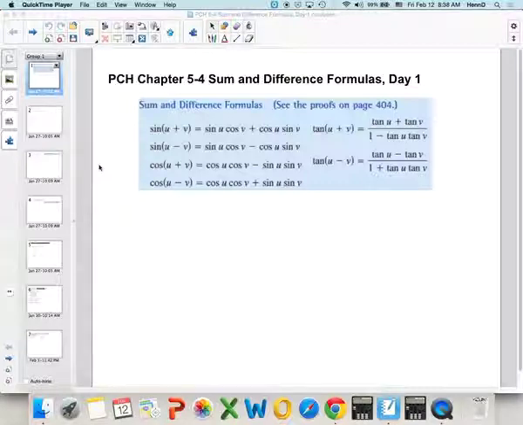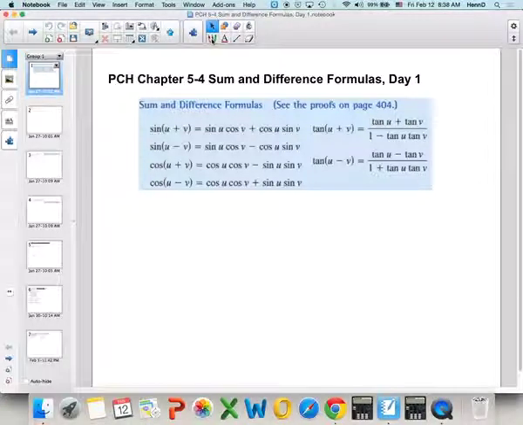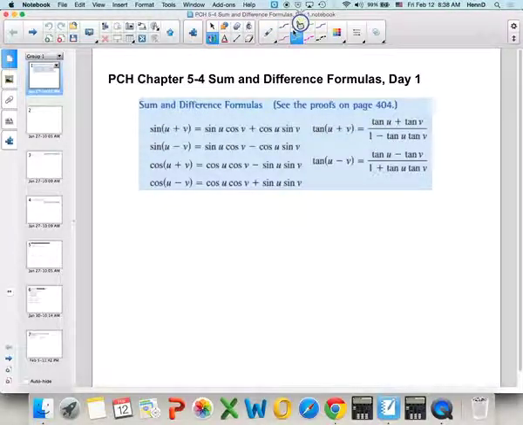So it's sine u cosine v plus cosine u sine v. The only difference between this and the sine of u minus v is the sign in the middle. Instead of adding them, you'll subtract them. For addition, it's addition.